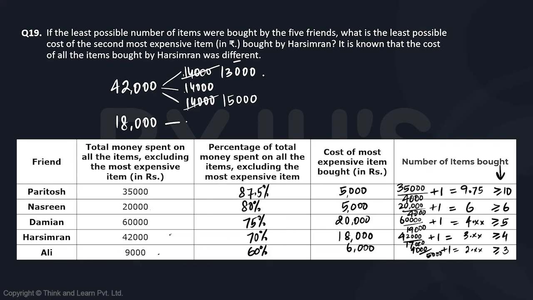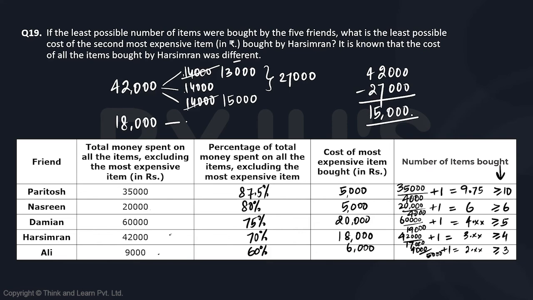So the cost of the 2 least expensive items is 27,000, right? So the minimum possible cost for the second most expensive item bought by Har Simran is going to be 42,000 minus 27,000, which is going to result in 15,000. So you have to type in 15,000, right?